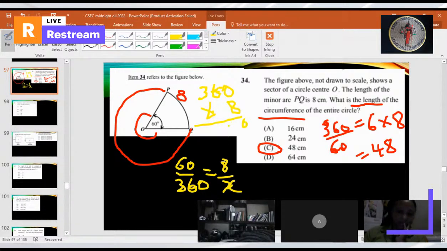8 times 6 is 48, 8 times 3 is 24, and 4 is 28. So 2,880. And we divide that by 60. 2,880 over 60.